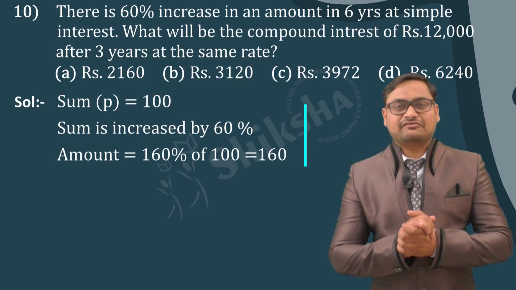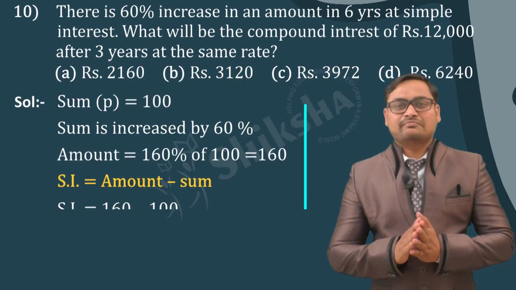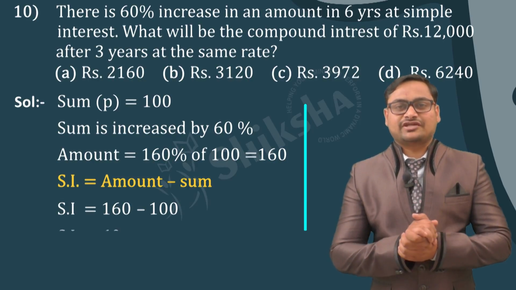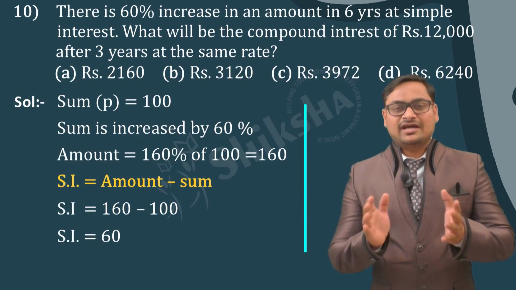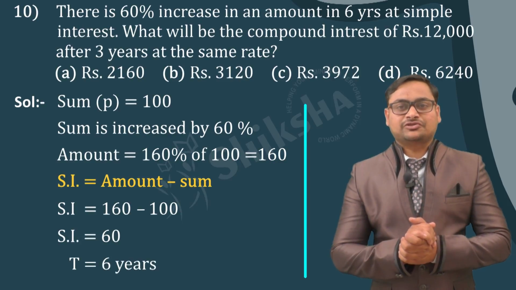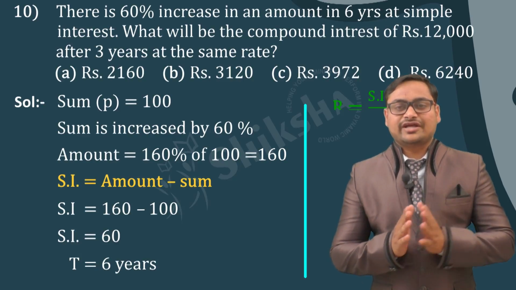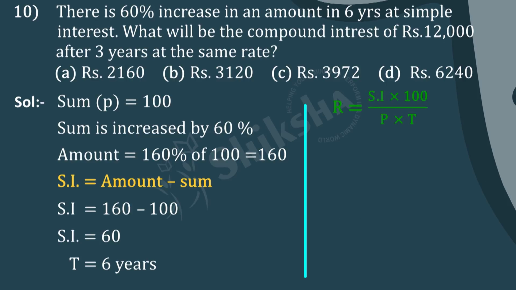Now simple interest equals amount minus sum, that is 160 minus 100, so simple interest equals 60. Time is 6 years. To find the rate, we have the formula: rate equals simple interest into 100 divided by P into T. Putting in the values, rate equals 60 into 100 divided by 100 into 6, that is rate is equal to 10% per annum.